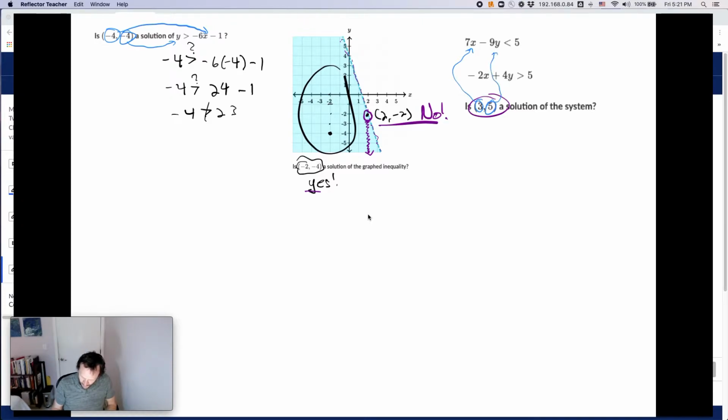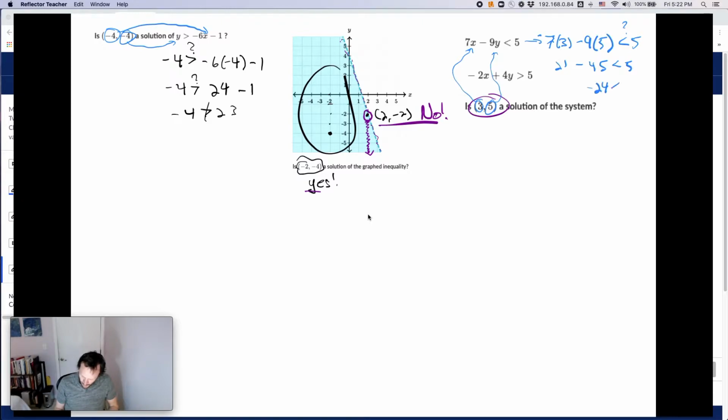See if it satisfies that inequality. 7 times 3 minus 9 times 5. Is that less than 5? We're checking. 21 minus 45. Is that less than 5? 21 is smaller than 45, so we're going to get a negative number, -24 specifically.